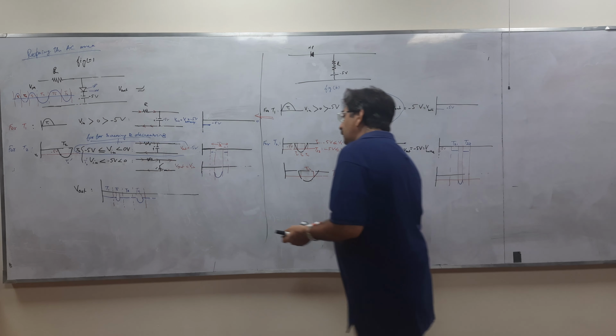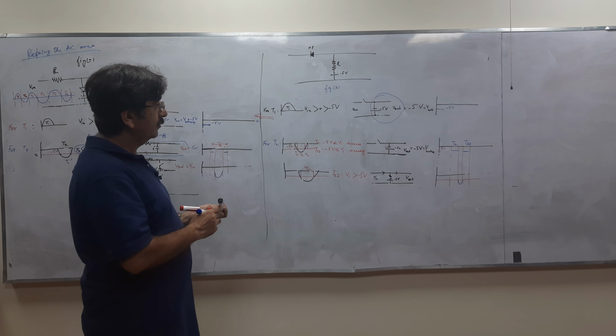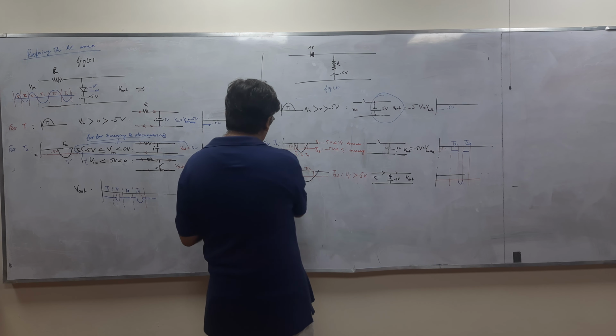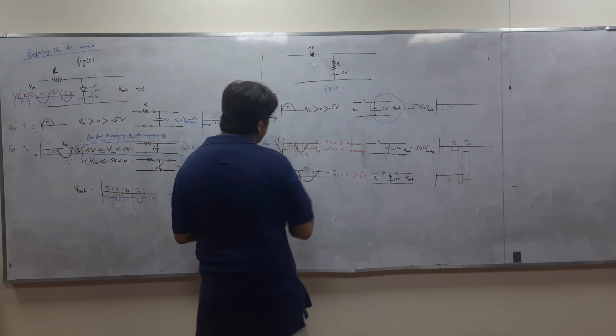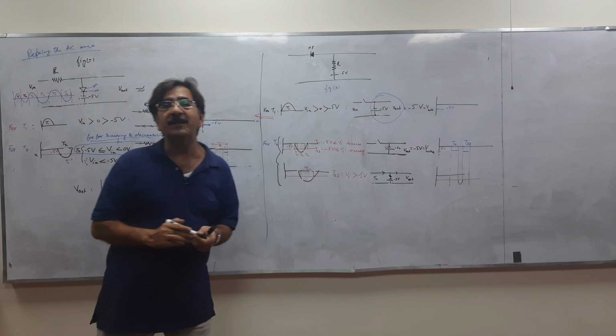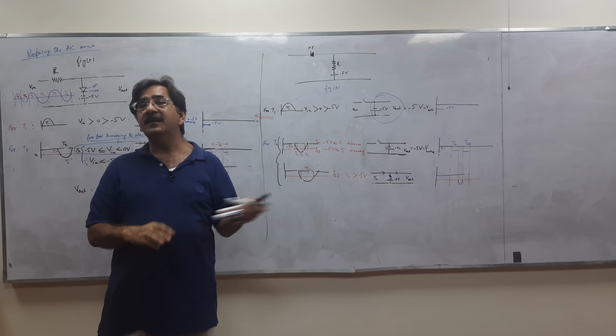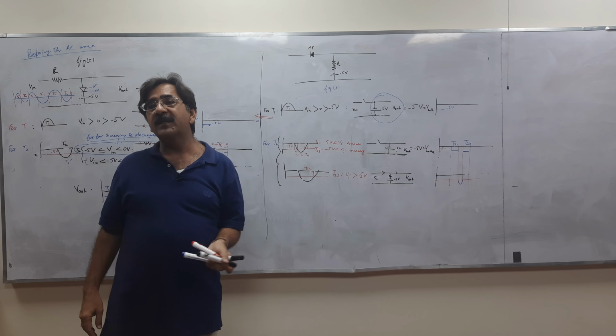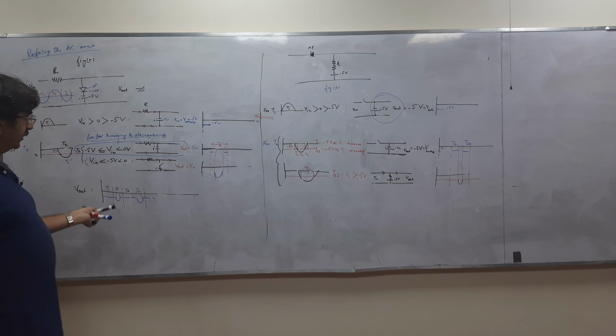So combining these, for both circuits for T2, the result will be the same as this V out.